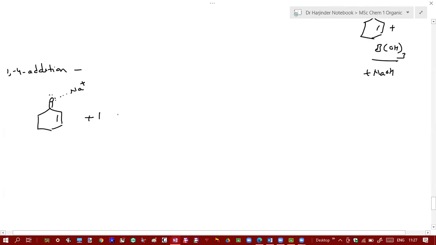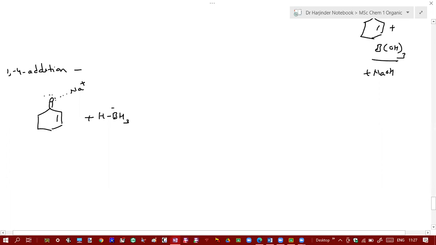Now, where will the attack of this hydride ion take place in 1,4 addition?